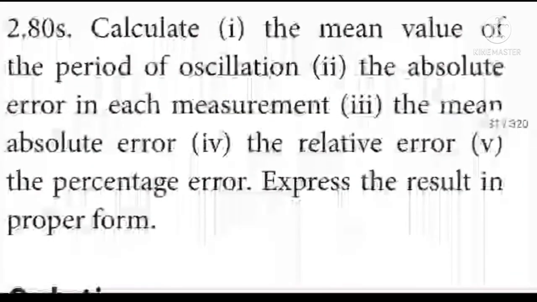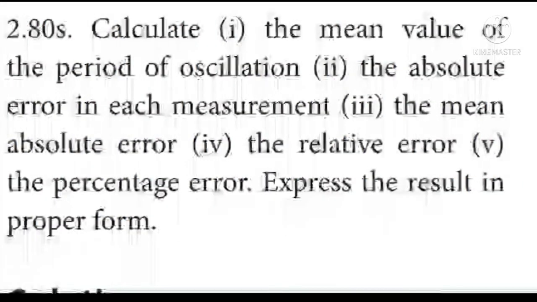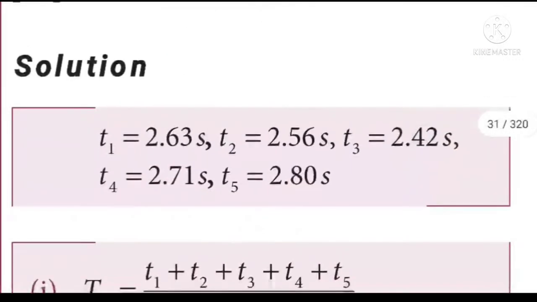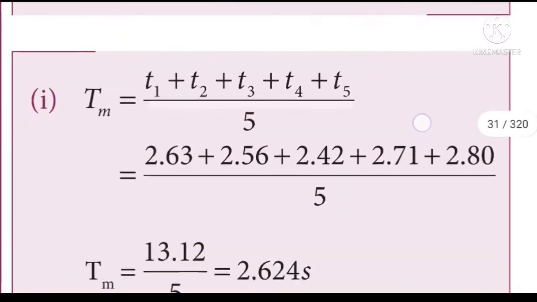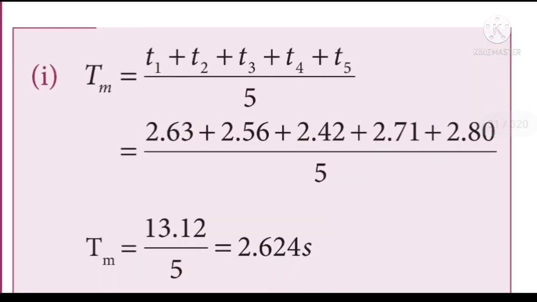First we have to calculate the mean value, Tm, which is T1 plus T2 plus T3 plus T4 plus T5 divided by 5. So we add all these values and divide the sum by 5. Then we get the mean value of the measured values.